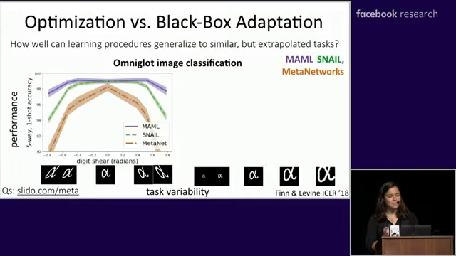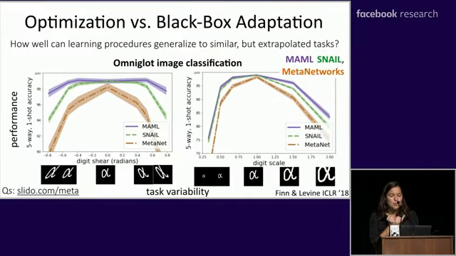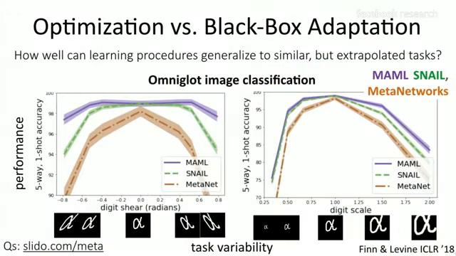We looked at the Omniglot image classification problem, and we tried to plot the task variability versus performance. What we found consistently across the board is that as we move away from the meta-training tasks, with either zero shear or a scale of 1, performance drops for all approaches, but MAML is able to perform better because it has the structure of running gradient descent at test time.